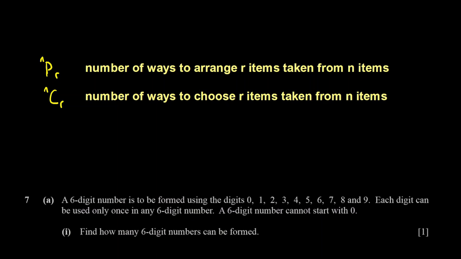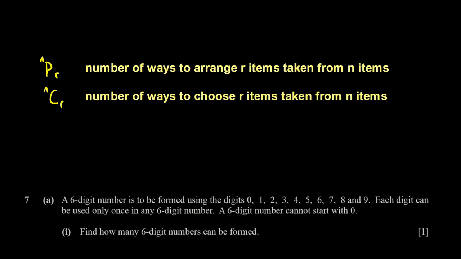But if I'm selecting people to form a football team, and the order doesn't matter, I just want to choose 5 people out of 8, then we would use combinations, because it doesn't matter if I choose John, Paul, George, and Ringo, or George, Ringo, Paul, and John, or Ringo, Paul, John, and George. It doesn't matter the order in which I choose them. So long as I've got those people, it's all the same thing.